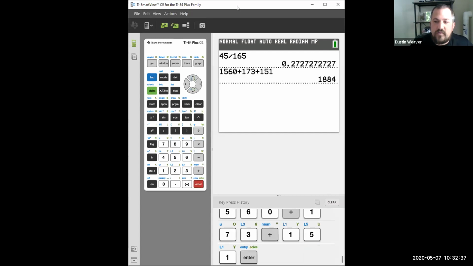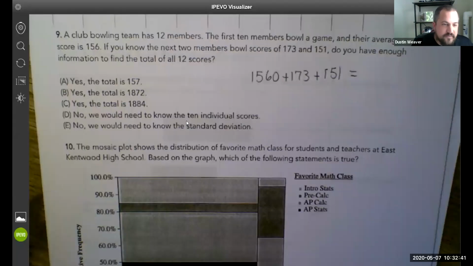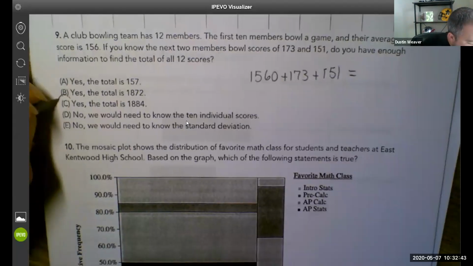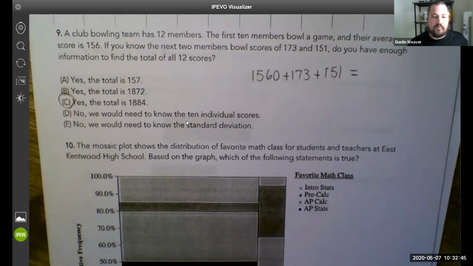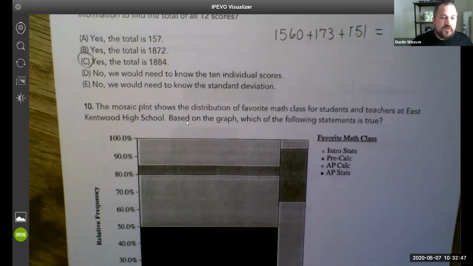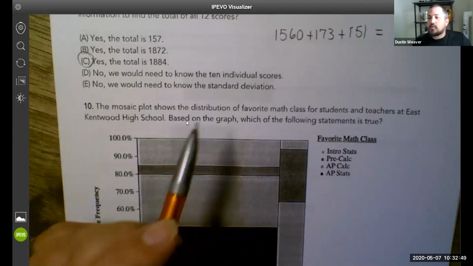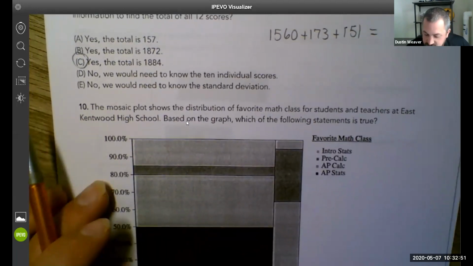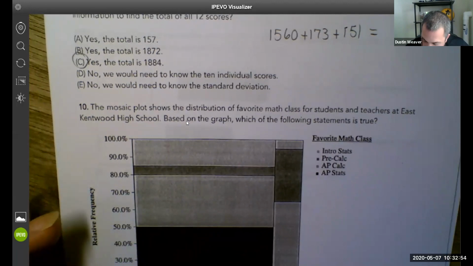And there we get a final answer of 1,884. So that is our total in question number 9. We didn't need to know the 10 individual scores because we knew their average. And if you know their average, then you know how all of them add up together.